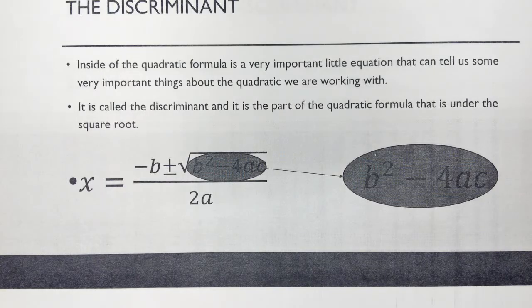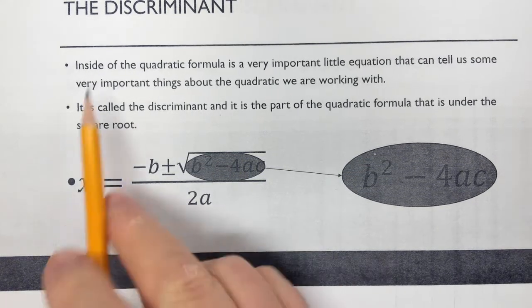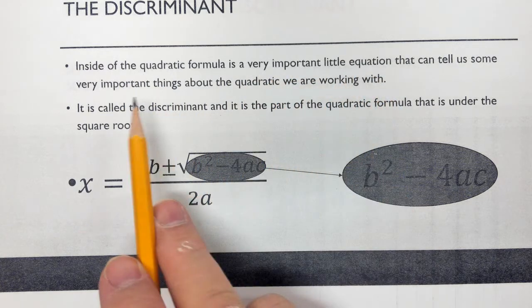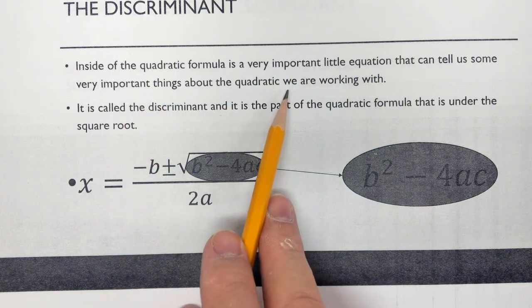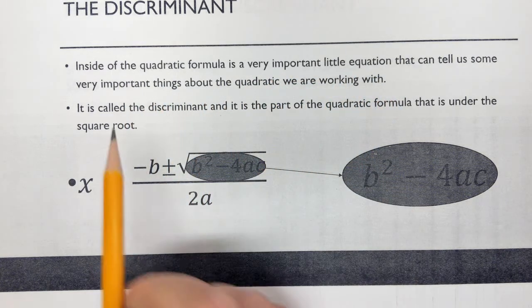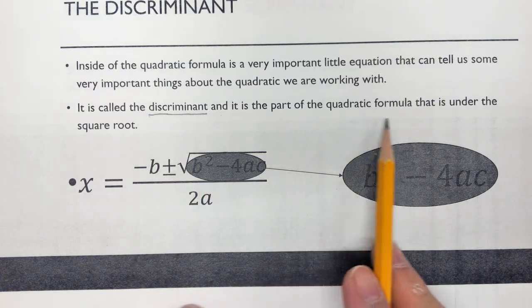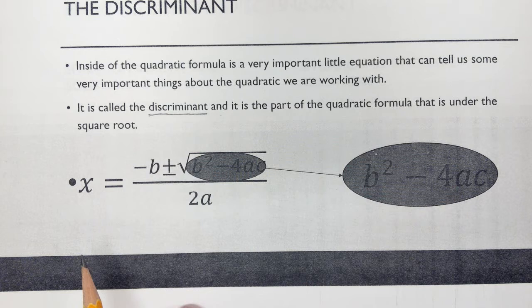Alright, moving on. Let's talk about the discriminant. Inside the quadratic formula is a very important little equation that can tell us some very important things about the quadratic we are working with. It's called the discriminant, and it is the part of the quadratic formula that is underneath the square root.